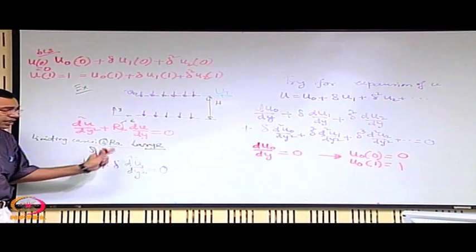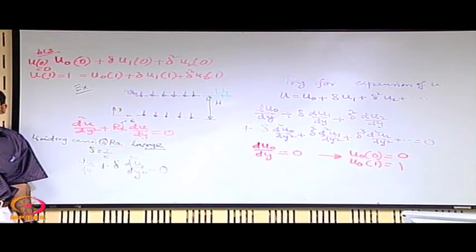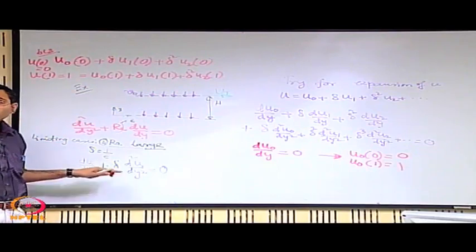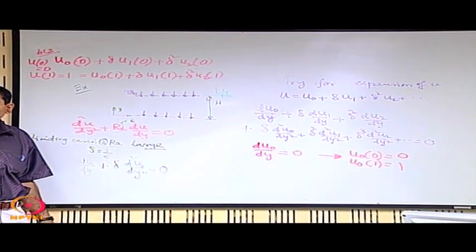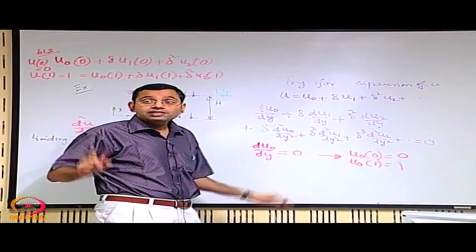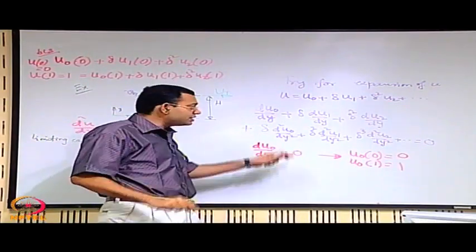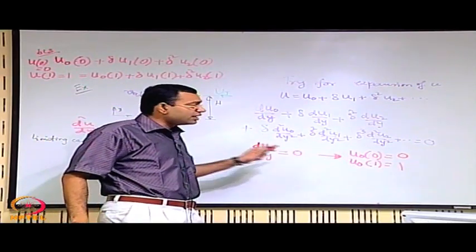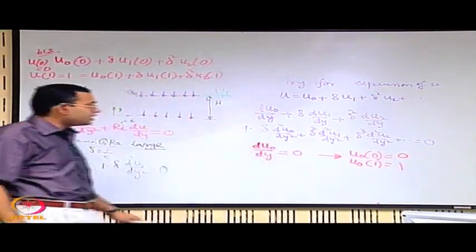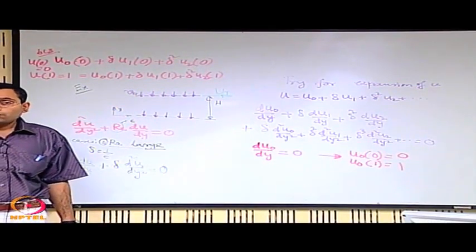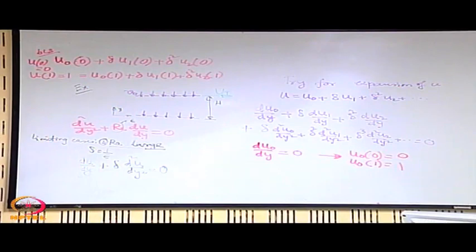And that is what we have to remember, that no matter how small it is, you cannot neglect it outright, because then it becomes mathematically an ill-posed problem. Physically, that means you also cannot justify such an assumption. So you must give due importance to the boundary layer. What is the difficulty in giving due importance to the boundary layer?